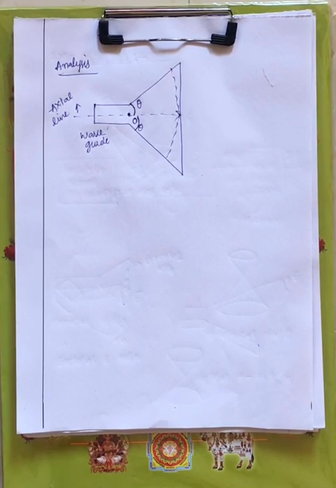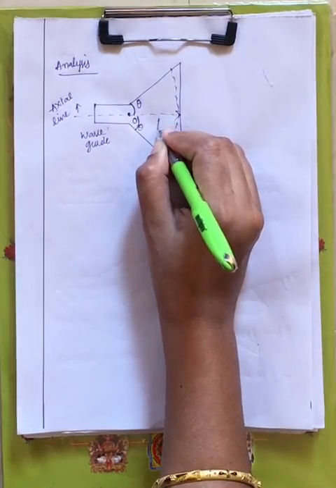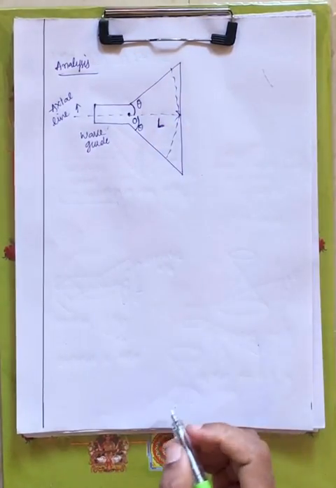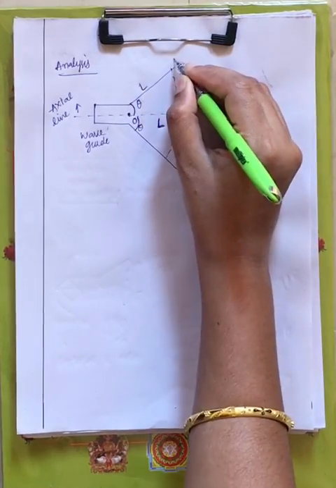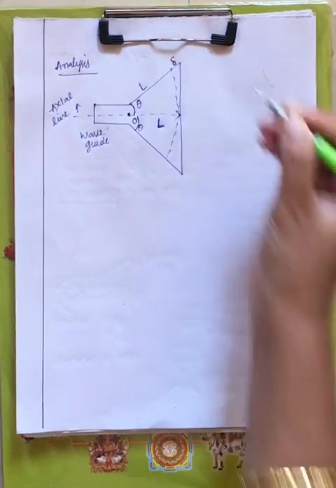Now the distance between the center and the open mouth, that we call L. This is the L. Here also this distance is the same, and here you have a slight variation that is denoted by delta.